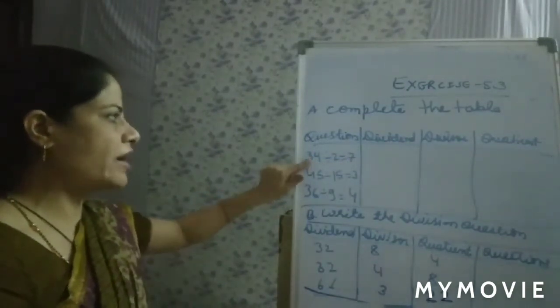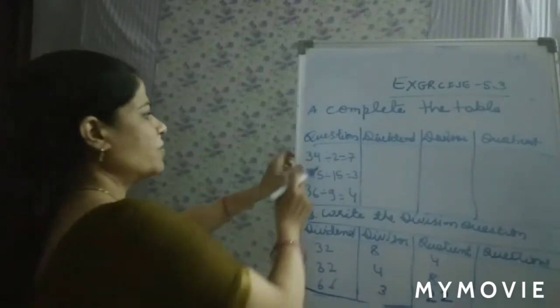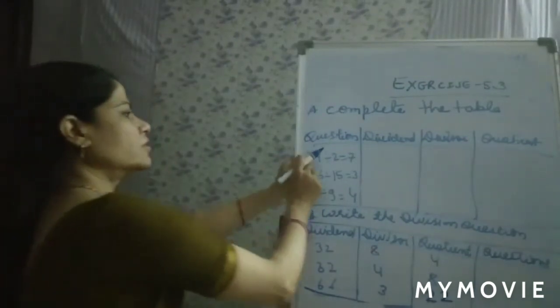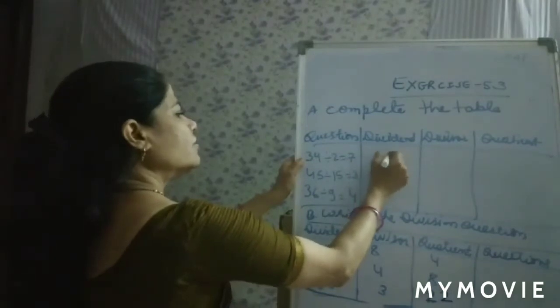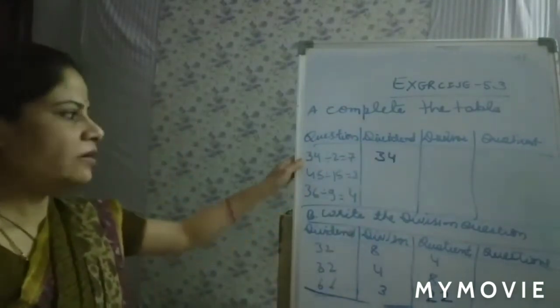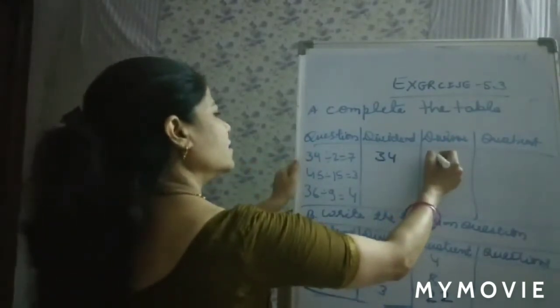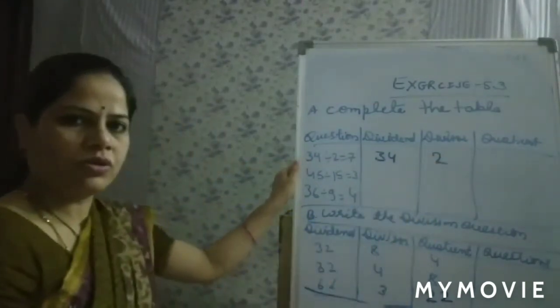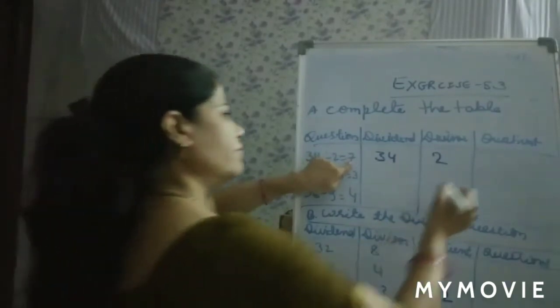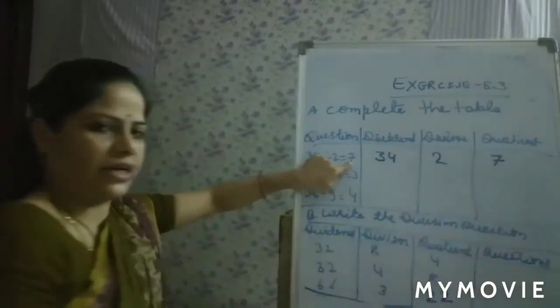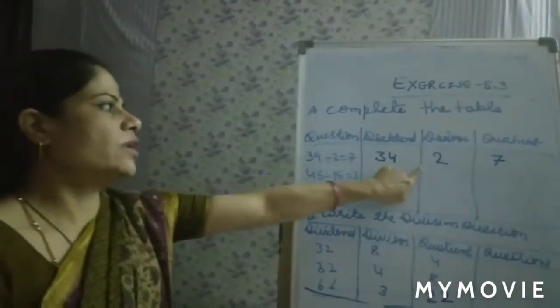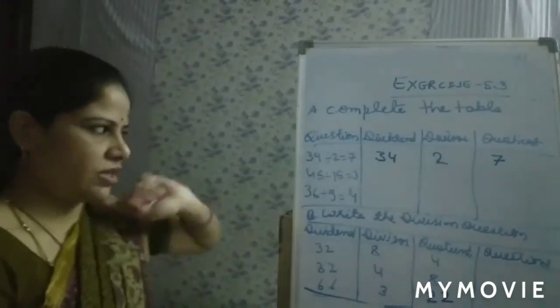So here we are dividing 34. So the number which we are dividing is called dividend. So write 34 in dividend, and we are dividing by 2. So in divisor, you have to write 2, and the answer you are getting is 7. So 7 is quotient. Okay, this way you have to write the dividend, divisor and quotient.